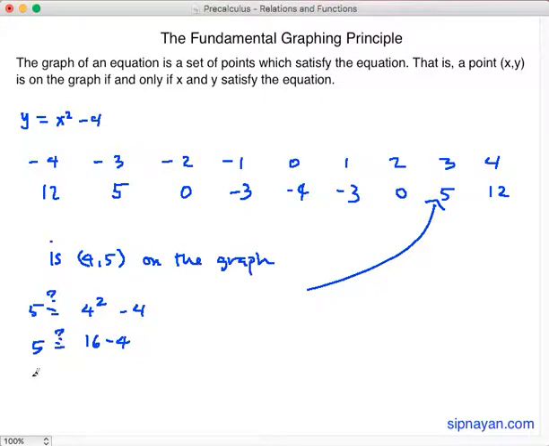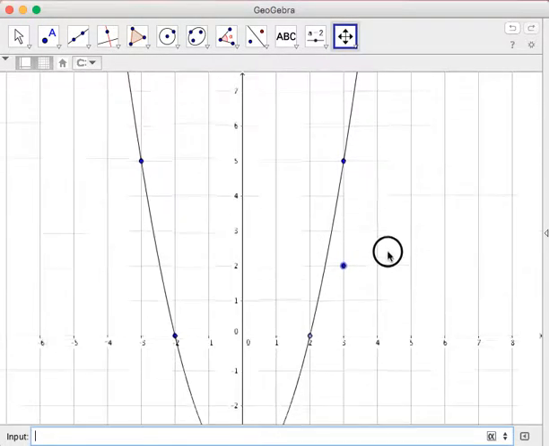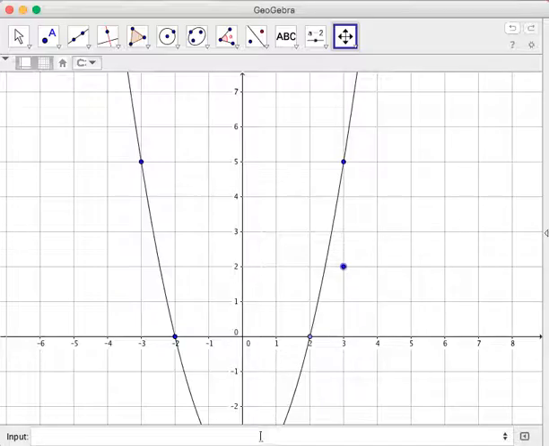Is 5 equal to 12? No. So, hindi niya nasasatisfy yung equation, yung ordered pair na (4, 5). Therefore, the point (4, 5) is not on the graph. Saan ang (4, 5)? Nandito siya, di ba? Wala siya sa graph, obviously.